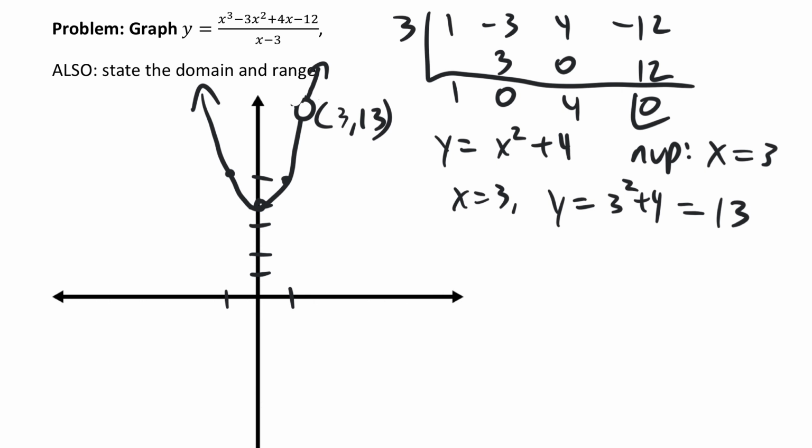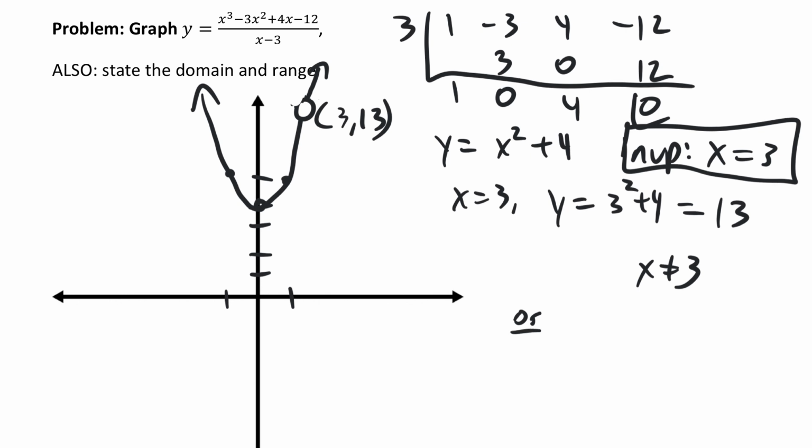Now, just a couple things to note here. I wrote NPV x equals 3. So you have to be careful here how you state this. So you either say x not equal to 3, because you say x is not allowed to be 3, or you could say the NPV is x equals 3, because NPV means non-permissible value. So the value that's not permissible is 3.